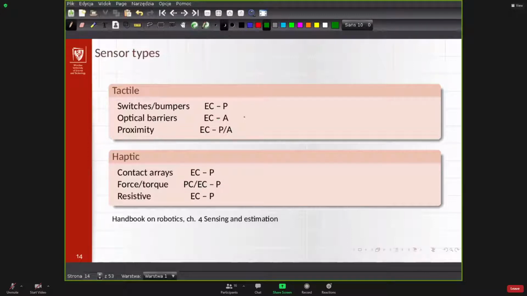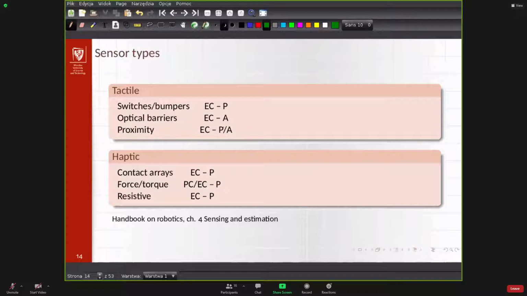You can see they are active because they emit light and they detect when the beam of light is blocked, and then they measure when some object is crossing this barrier.